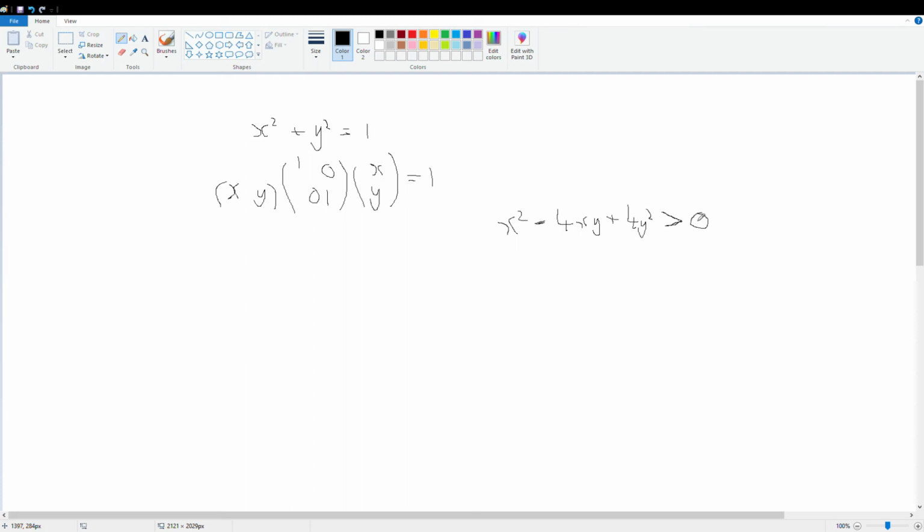But that's a bit hard to do at first, especially if these numbers are bigger, because we have to figure out whether this part of the quadratic form, which clearly may be negative at some points, is always going to be greater than these two.